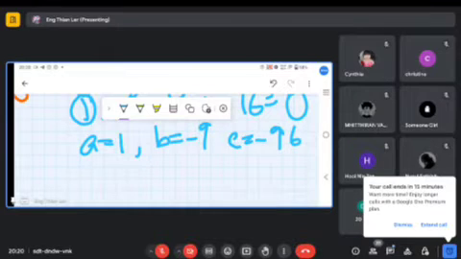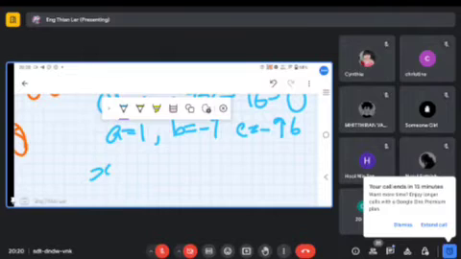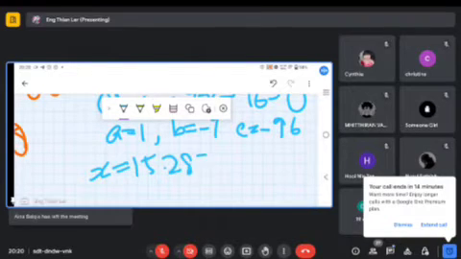But in my opinion, I think three decimal places should be enough. So I'll write this as x equal to 15.282.